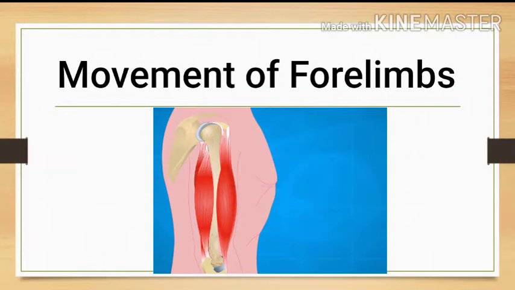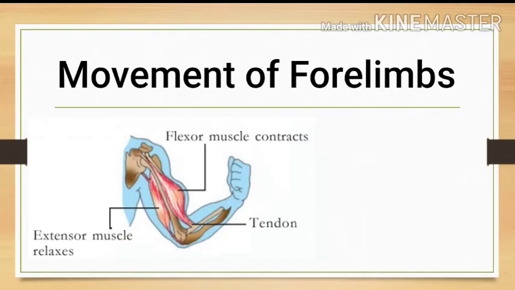A movement is effective and complete when the muscles work in unison with bones. On folding the forelimbs, the flexor muscle contracts and the extensor muscle relaxes.